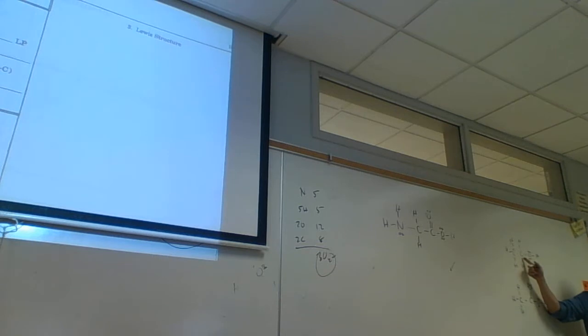What is the oxidation state on this carbon here? Oxidation state, winner take all or 50-50 split? Winner take all. And so this carbon has, well, carbon versus hydrogen, who wins? Carbon, so that's 2, 4. Carbon versus carbon?